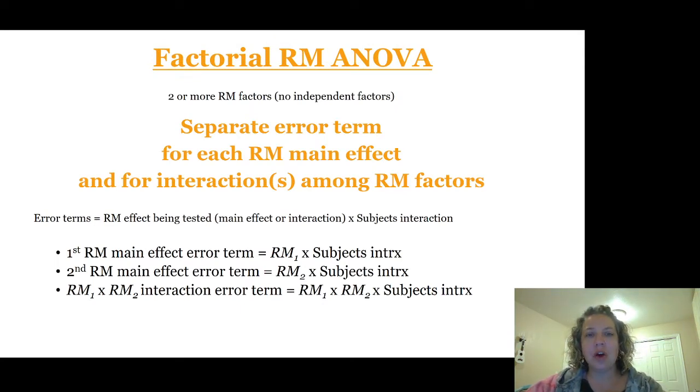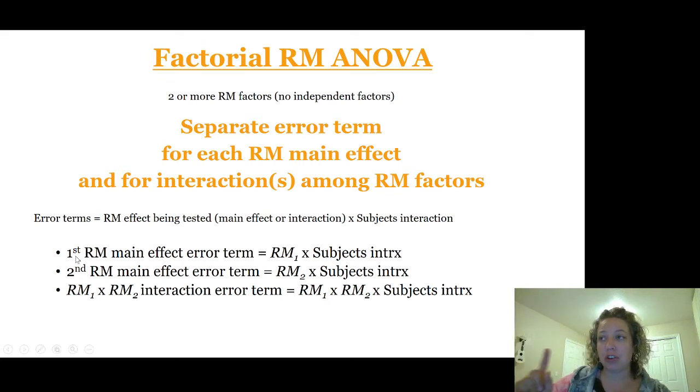The thing to note here is that when we have multiple repeated measures, if we have 2 or more repeated measures, each of the repeated measures gets their own error term, and there is a different error term for the interaction. So the first repeated measure, if that's drug, gets the error term that's drug by subject interaction.